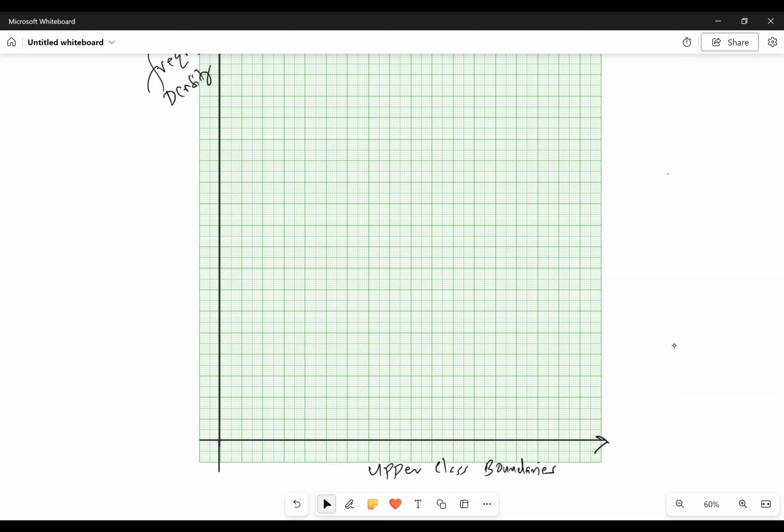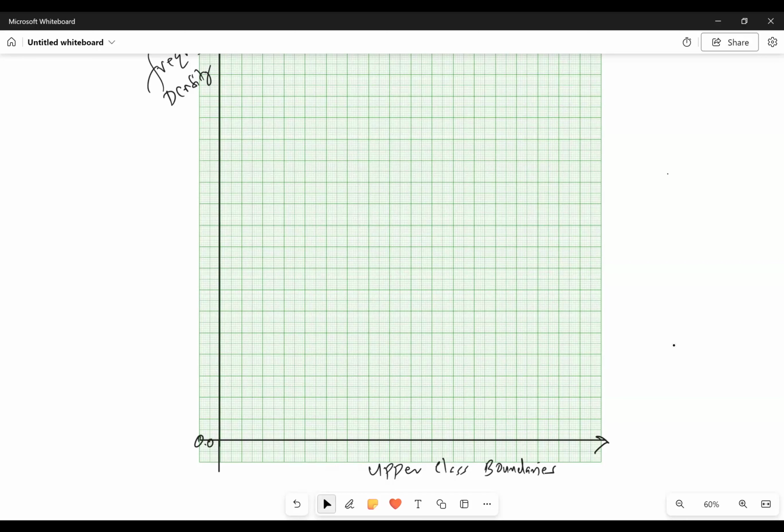So now the trick is on the scale. How am I going to spread the scale? Because the frequency density, we have 0.1, 0.2, 0.3. First of all, you have to start from the origin, 0.0, and this will also be 0.